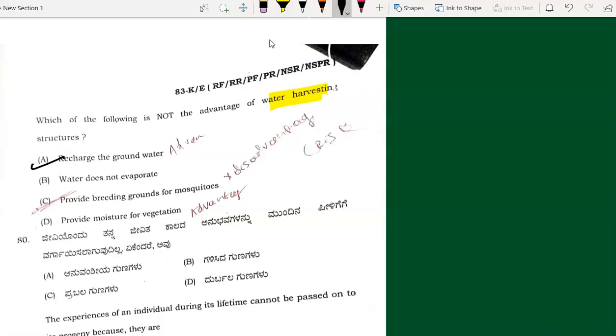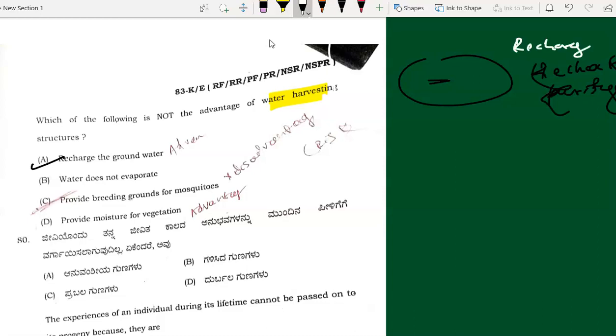If you store water, what happens? We can increase the groundwater. We can purify the groundwater. So overall, I can say we can recharge the groundwater. This is the advantage of harvesting.